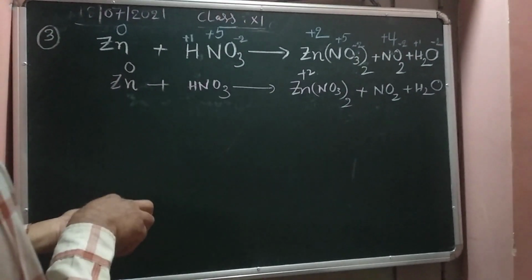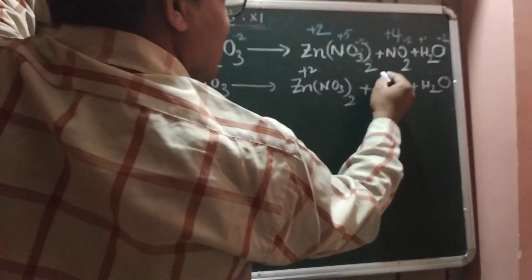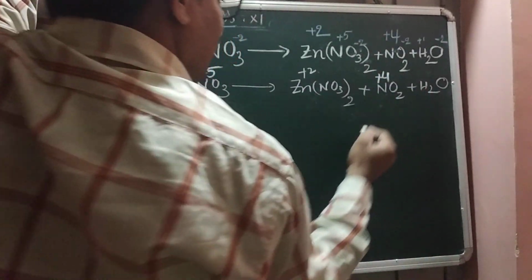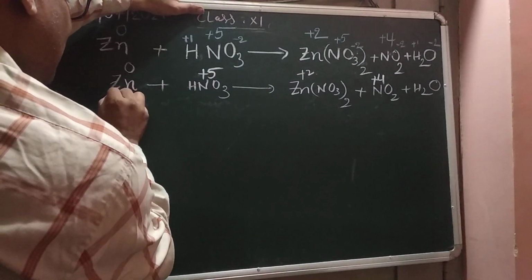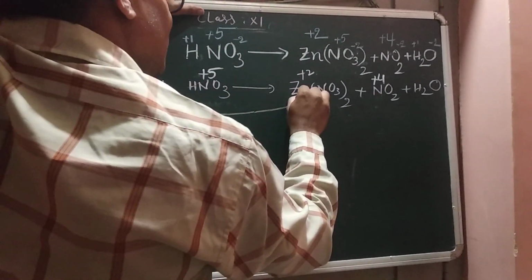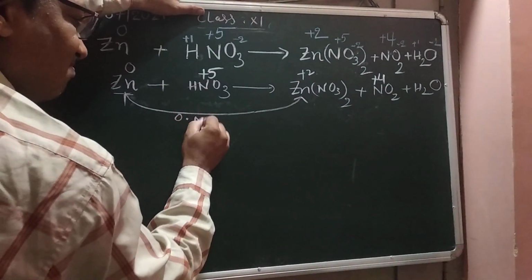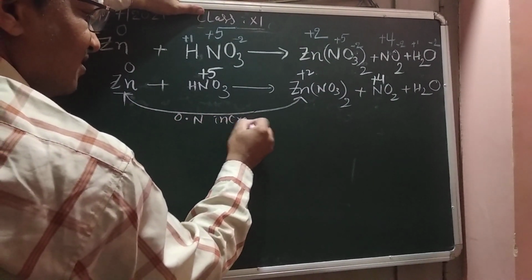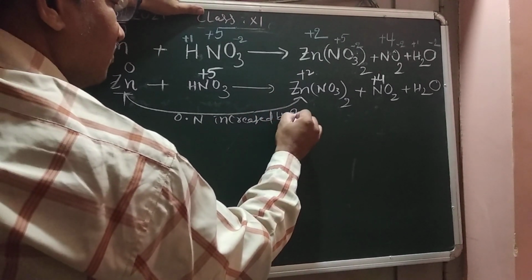See here, nitrogen oxidation state is +5. Here nitrogen oxidation state is +4. Now where is the oxidation number increased? Zinc 0 to Zn +2. This is the increase in oxidation number. Oxidation number is increased by 2.